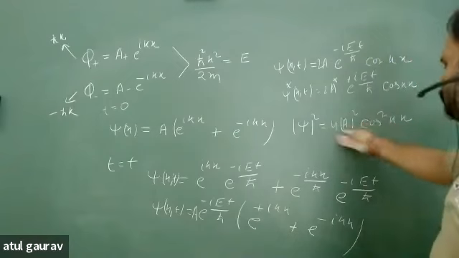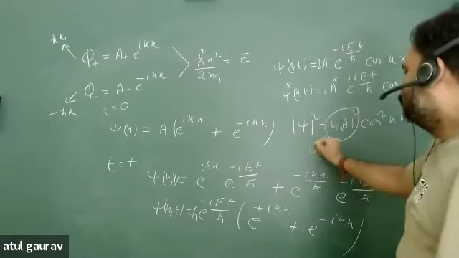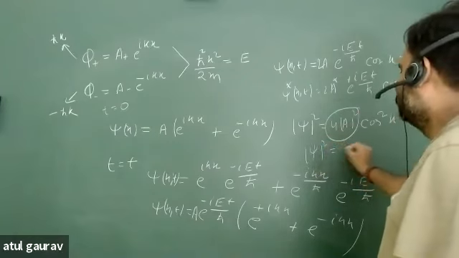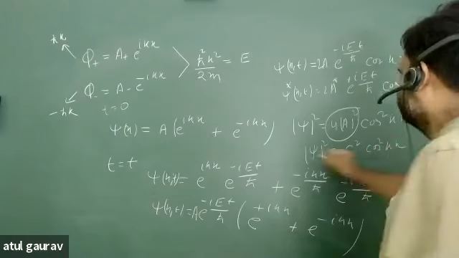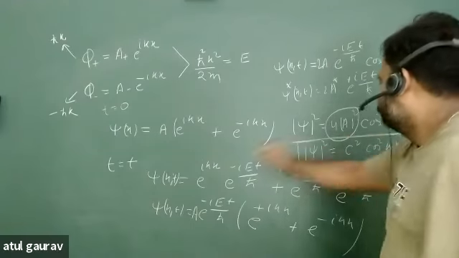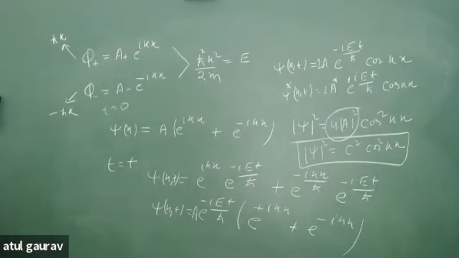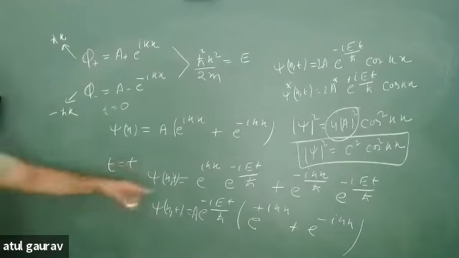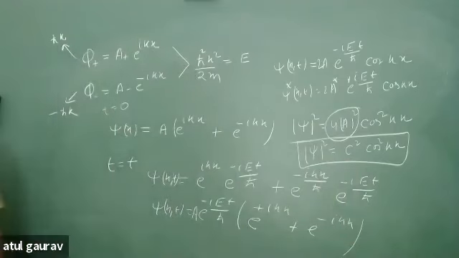I can treat 4 A square as a new number, deliberately taking it as some constant, so that will be, let's say, C square cos square kx. So I can draw this probability density right now. Are you comfortable up to this? Don't worry, this type of manipulation is very obvious in quantum mechanics.